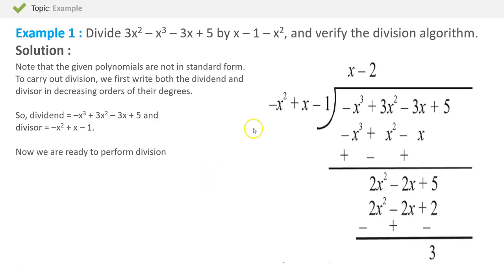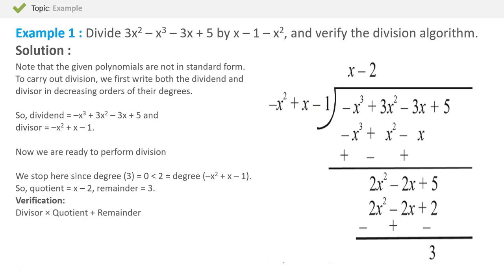And now we are ready to perform division. When you perform division in a similar pattern, I'll try to cancel it, and what I see at the end is 3 left over, which is going to be my remainder in this case, and whose degree is 0, which is less than the degree of your divisor. Hence we are going to stop here. Now let's try to verify.